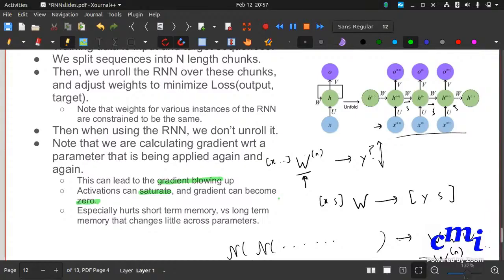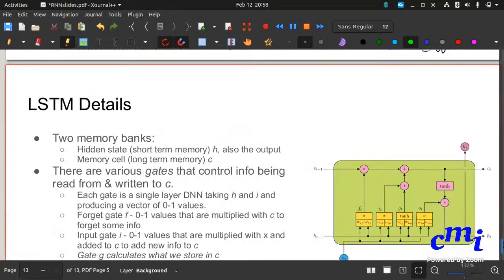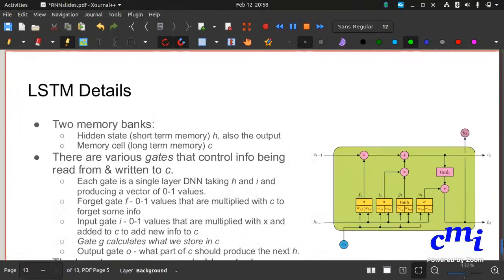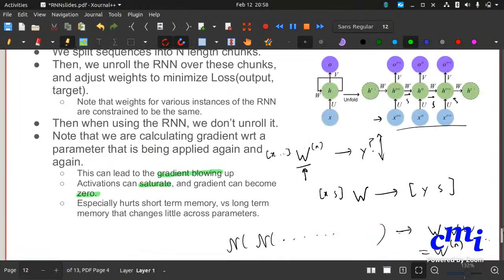LSTMs were built to alleviate this issue, and they do alleviate it, but it's not a fundamental change. It is in some sense just a workaround, right? So this is something that just happens. And that is where transformers come into the picture, and they're much better, and so on and so forth. But this is all I wanted to say.